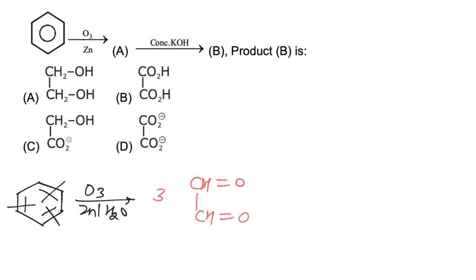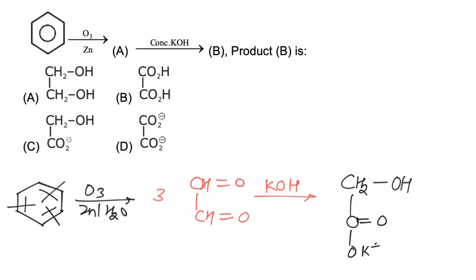Now when glyoxal is treated with concentrated KOH, Cannizzaro reaction takes place, an intramolecular Cannizzaro reaction, where one CHO group will be converted to alcohol and the other will be converted to the potassium salt of the acid. So this is the product formed, and this is similar to the option given in C, and hence C is the correct answer.